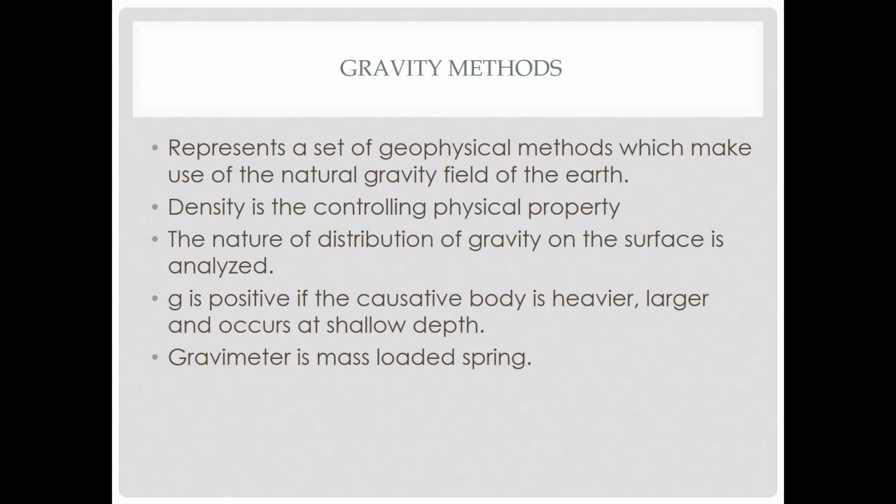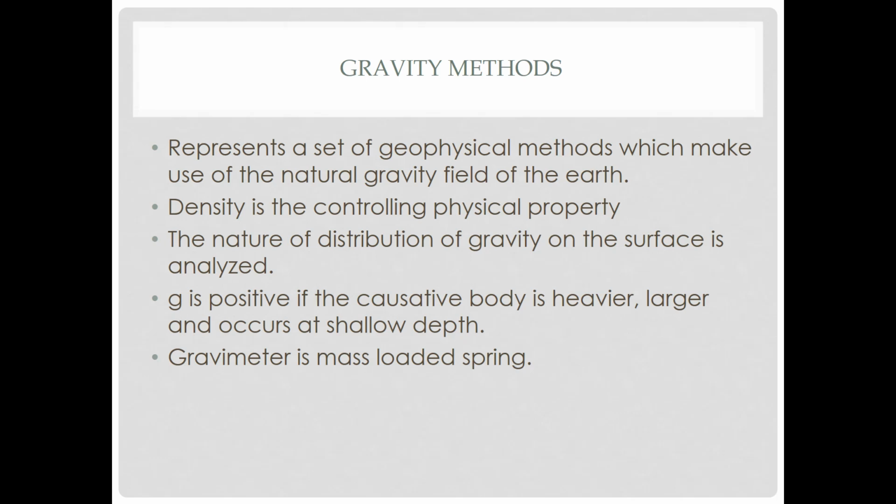There are varying values from the normal value that is expected if the inhomogeneities are not present. From these deviations, it is possible to locate the inhomogeneous bodies in our subsurface.